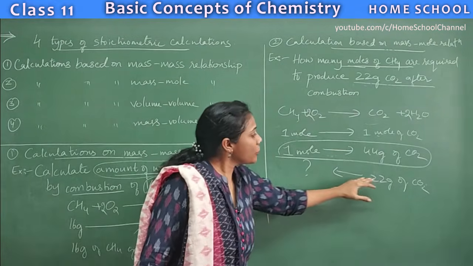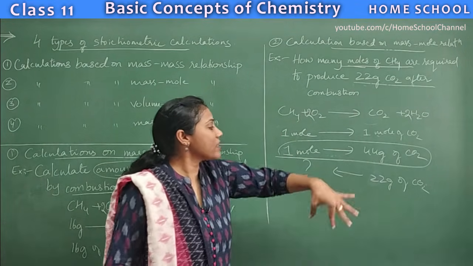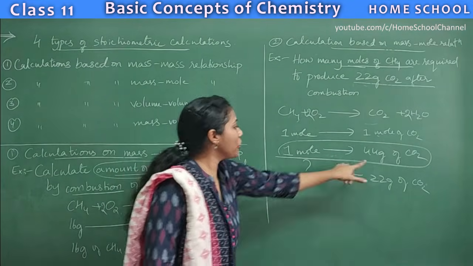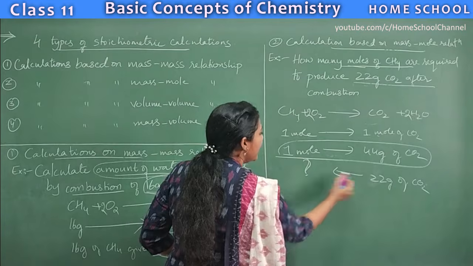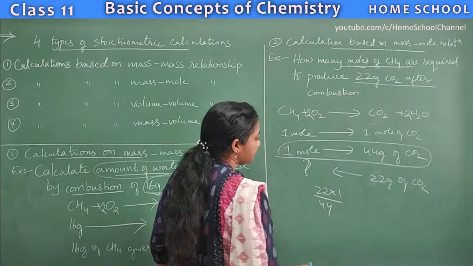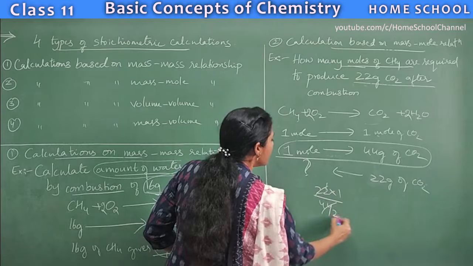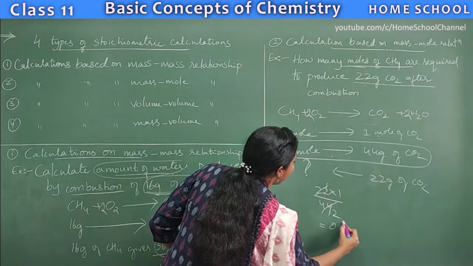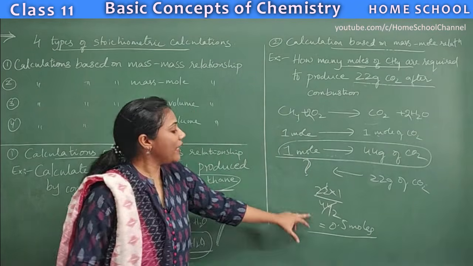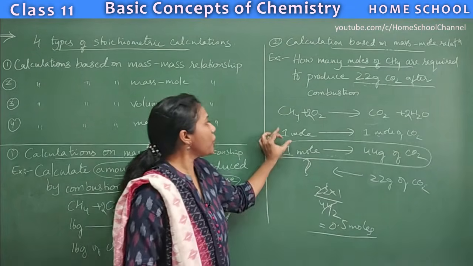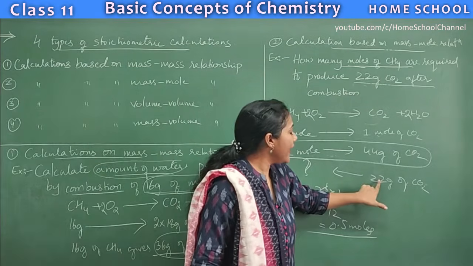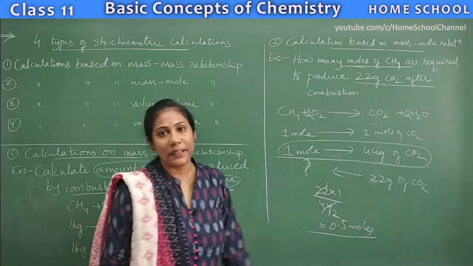Now they asked 22 grams of carbon dioxide is produced from how many moles of methane. So you do cross multiplication: 22 into 1 divided by 44. That means 0.5 moles. So 0.5 moles of methane when it undergoes combustion will give you 22 grams of carbon dioxide.